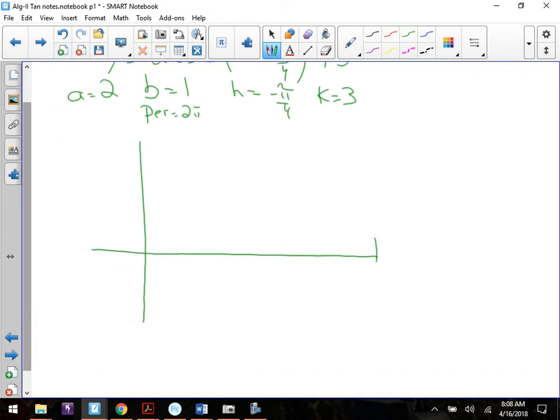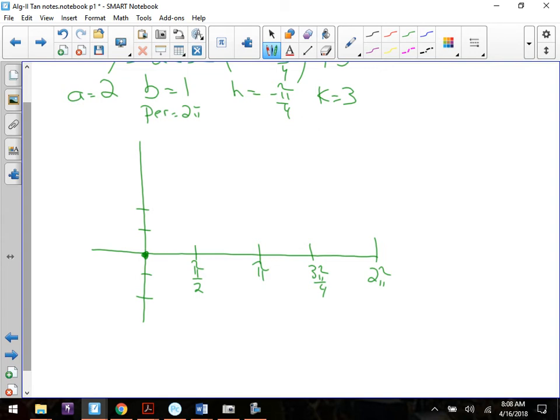So let's see here. 2 pi, pi/2, 3 pi/4, 0, 2.